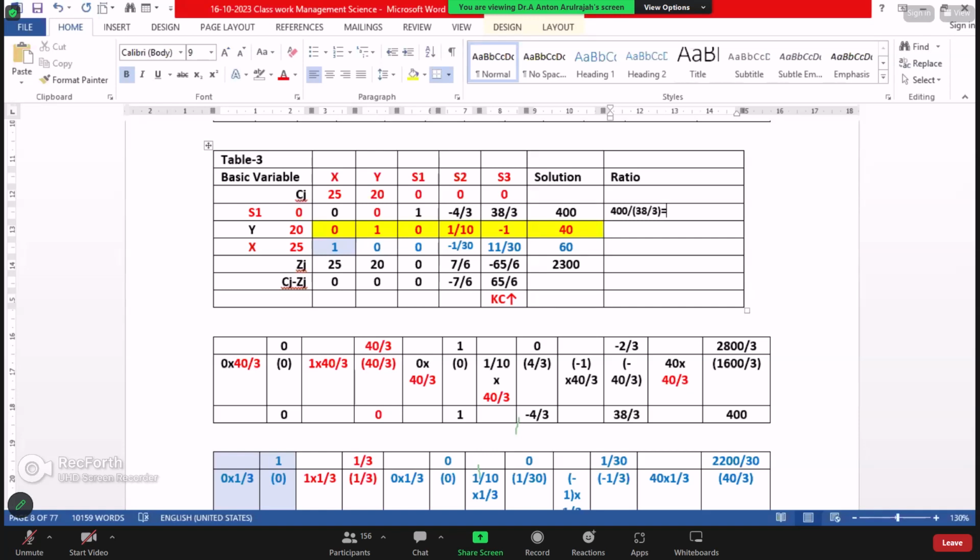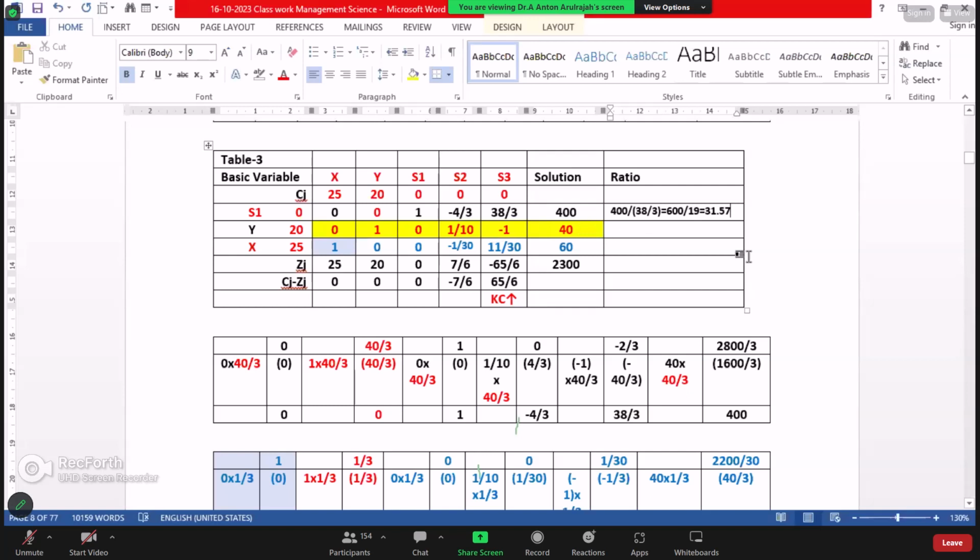That is about 600 divided by 19, that means 31.57, right?